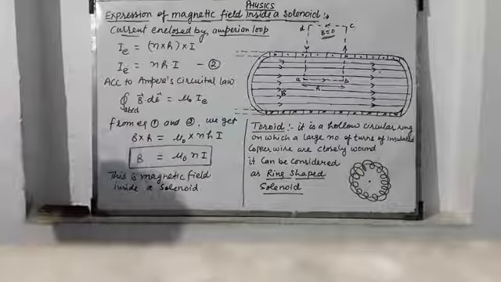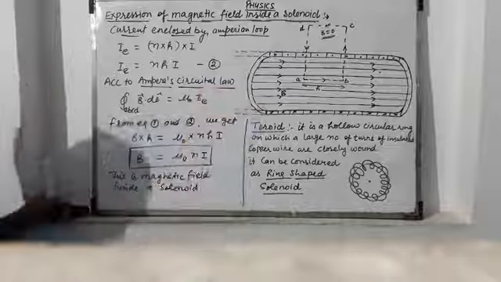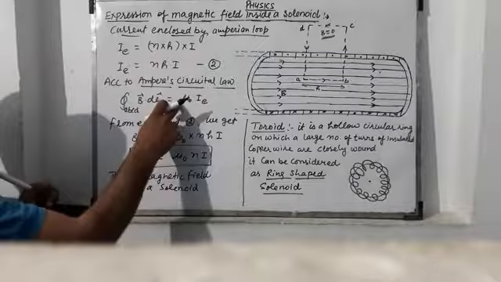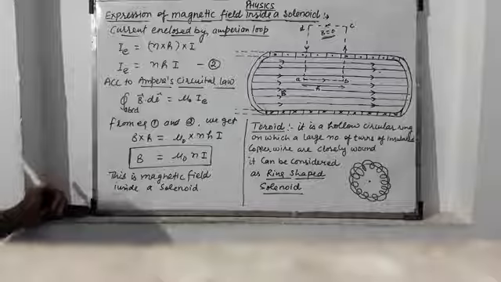This is equation number 2. According to Ampere's circuital law, we have the line integral of B·dl equal to μ₀ Iₑ, the enclosed current.